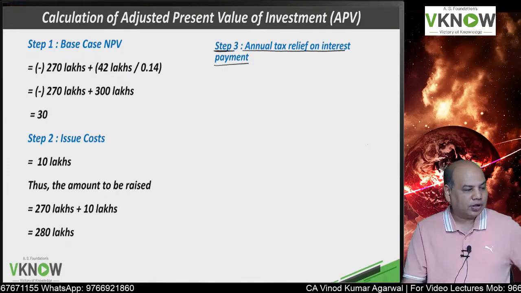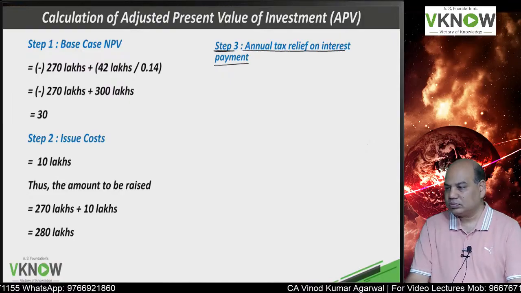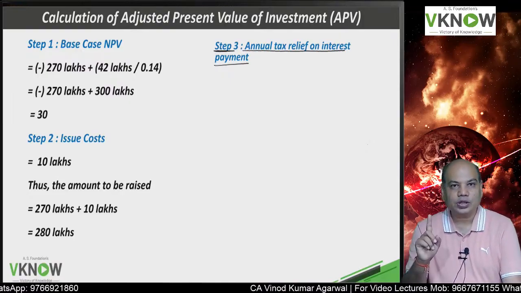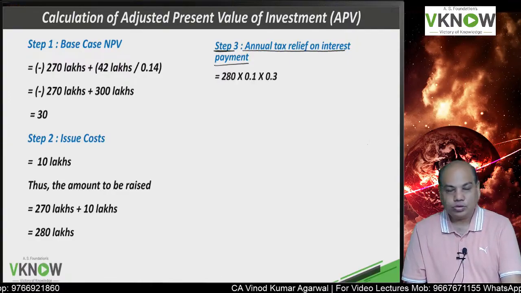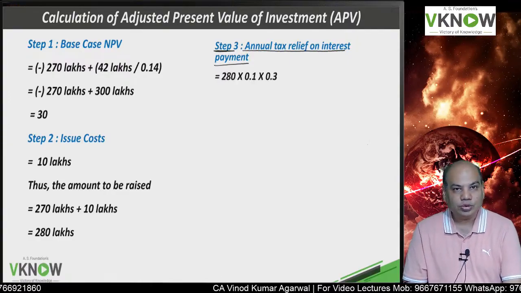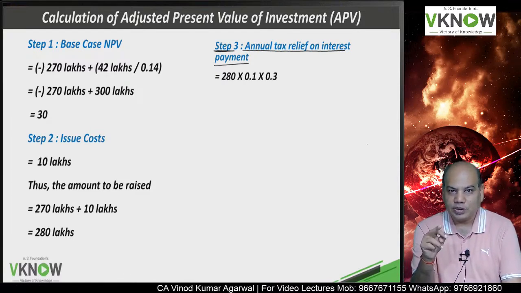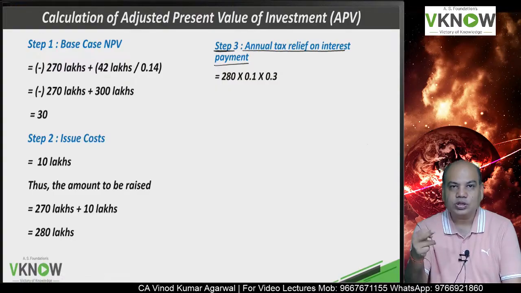Annual tax relief on interest payment. Annual means only for 1 year. 280 lakh into 10% into 30%. 280 lakh into 10%, 28 will be annual interest, into 30%.